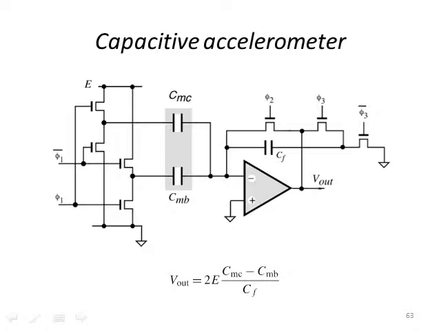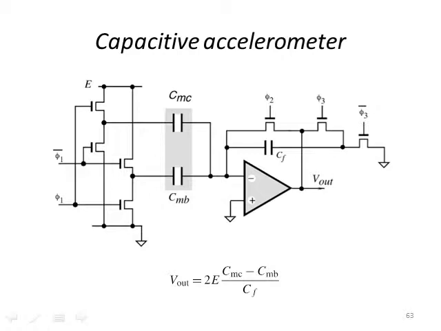Essentially, as we've seen before, in the capacitive accelerometer we have two differential capacitors. One is from the base, one is from the cap. And you can see that we now have a transistor network on the input and also in the feedback loop.